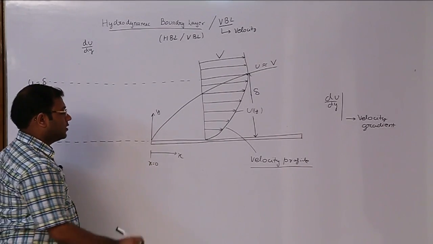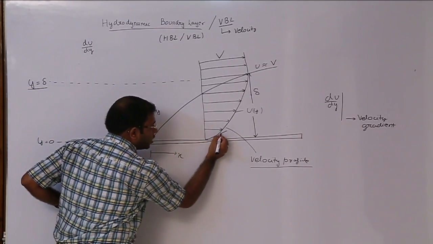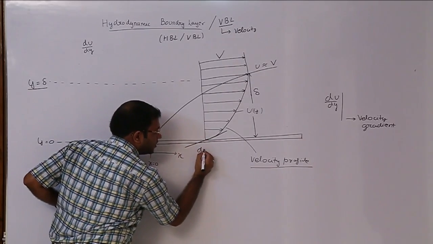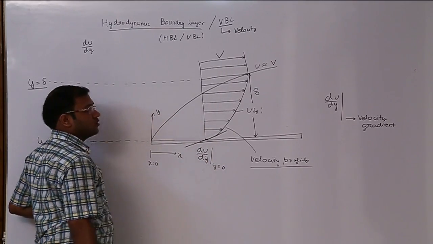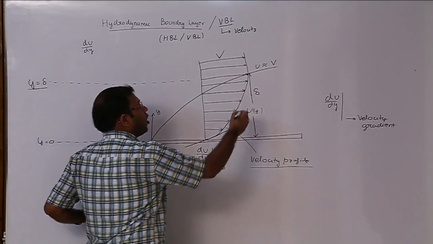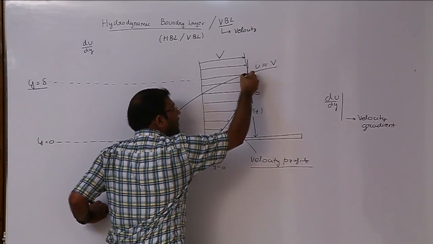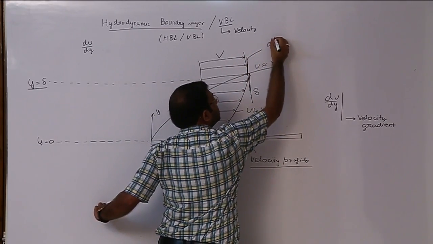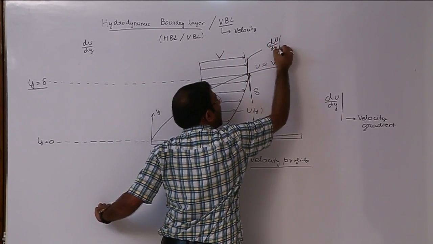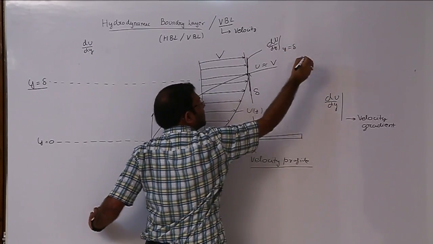Now plot the velocity gradient here. This is du by dy at y equals 0. And plot one velocity profile here. This is our velocity profile. This is du by dy at y equals delta.